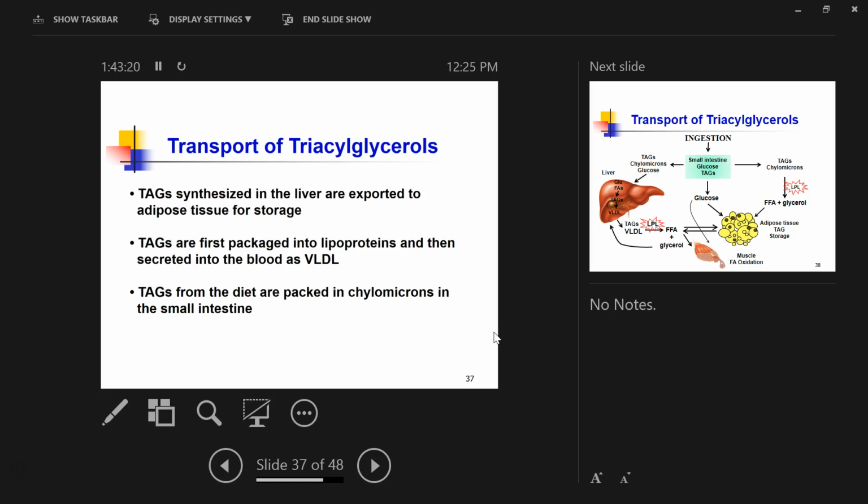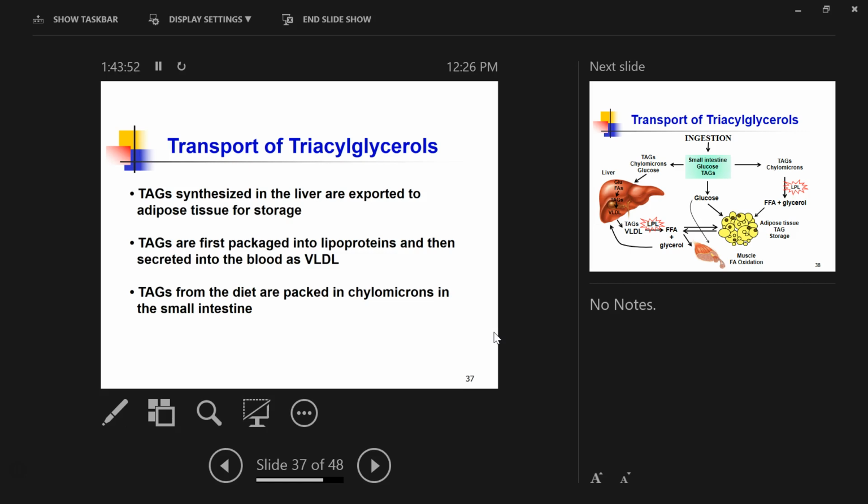So the triglyceride synthesized in the liver needs to be transported out of the liver to the adipose tissue for storage. But triglyceride cannot be simply transported to the fat tissue; it requires a very complex protein called lipoprotein.